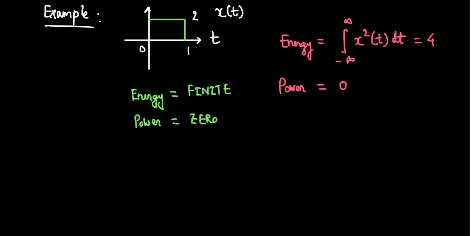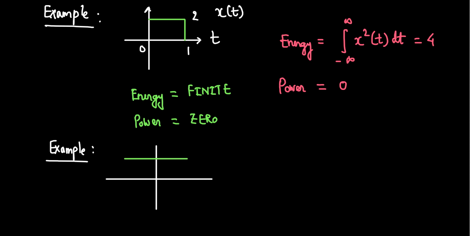Let's take another example. Let's consider the same signal but not finite in duration. Instead, we'll take the same signal starting from minus infinity and lasting till plus infinity. So it is an everlasting signal with the amplitude being 2, again a function of t.